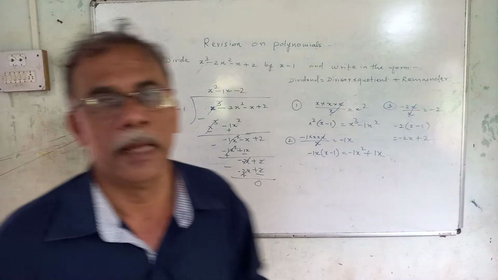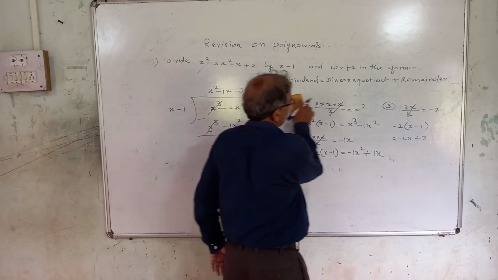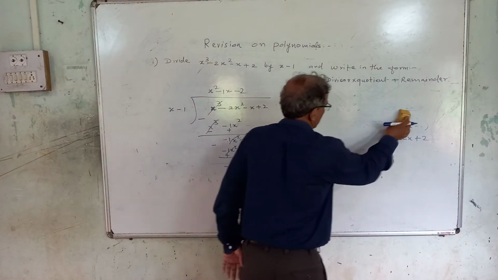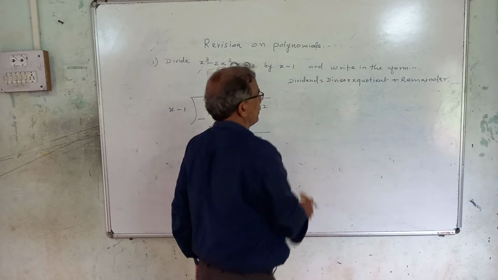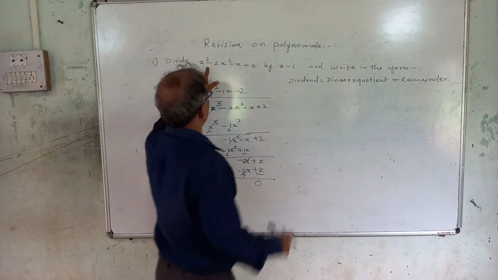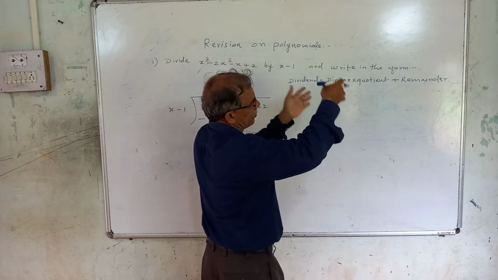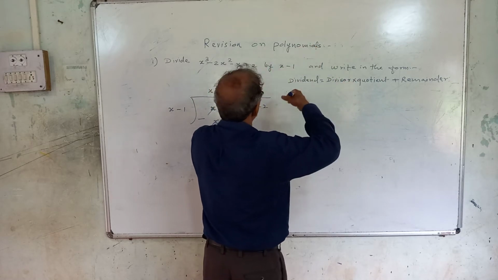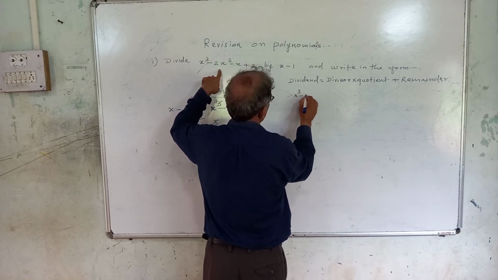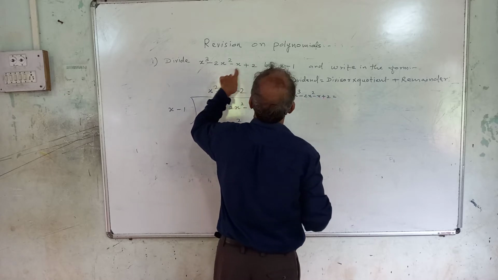Okay. Now, write in the form dividend is equal to divisor into quotient plus remainder. Now, who is dividend here? We have divided these polynomials, so that is dividend. Below that you substitute x cube minus 2x square minus x plus 2 is equal to divisor.